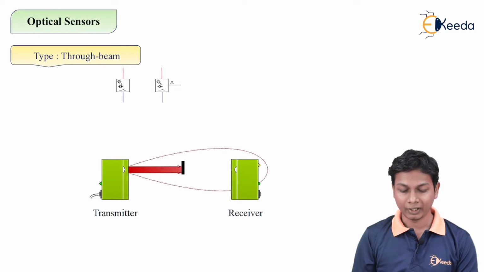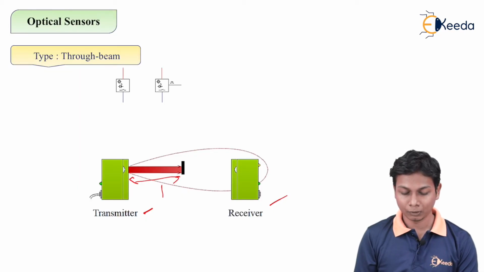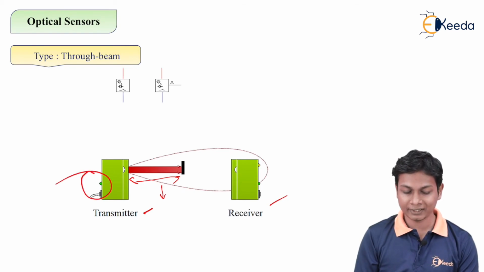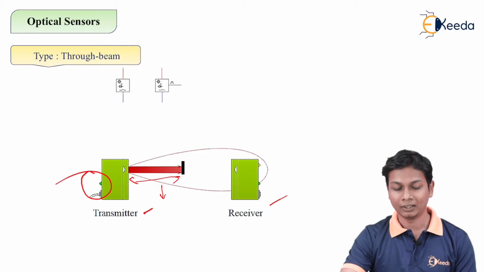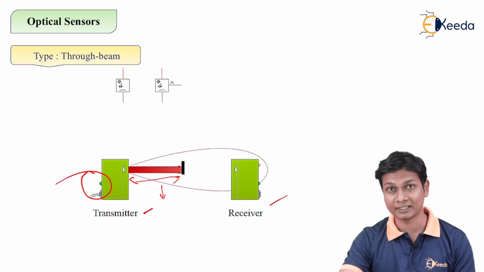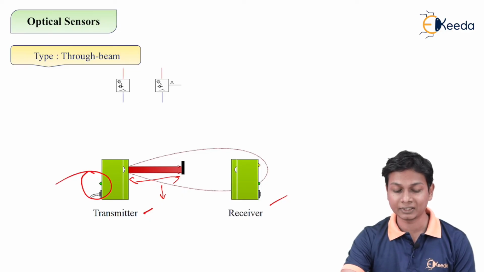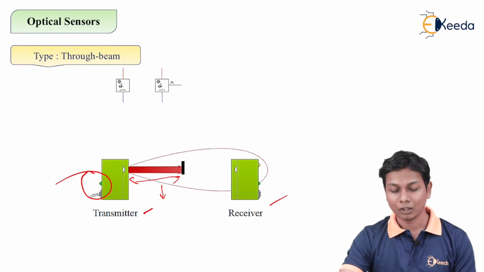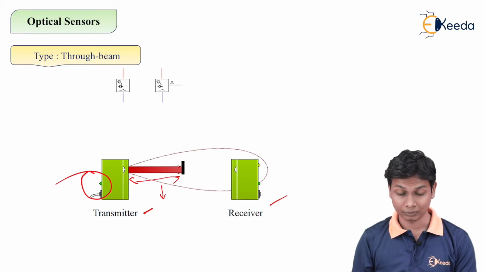In the through beam, if the target is in between the transmitter and the receiver, obviously the signal between transmitter and receiver becomes low, and that is captured by the sensor phenomenon. This type of sensor is called a through beam sensor, and this is an optical sensor. Now we'll see where it has to be used.